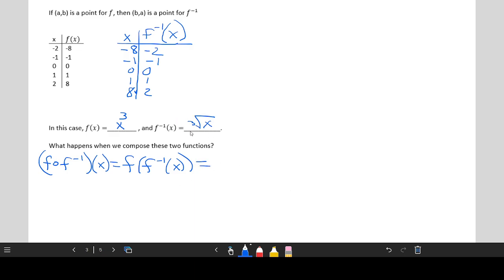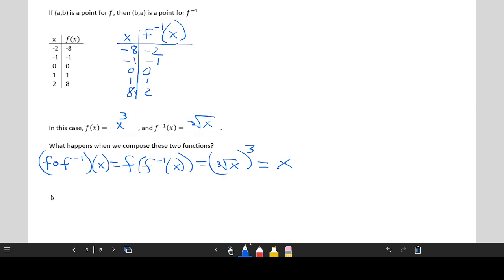So here that means we're taking cube root of x, substituting it for x in the other function. So we're going to have the cube root of x, cubed. And what we get from that is just x, right? If we cube a cube root, those undo each other. We're just left with x.